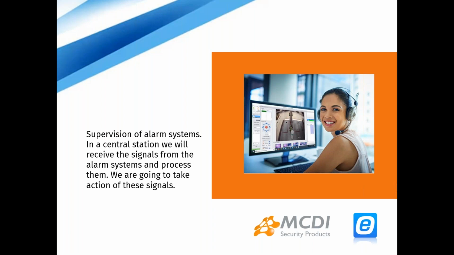But in a monitoring central station, you are going to have one person all the time as well, 7 days and 24 hours. So you can also have a response to those signals. So that's the important thing in a central station.